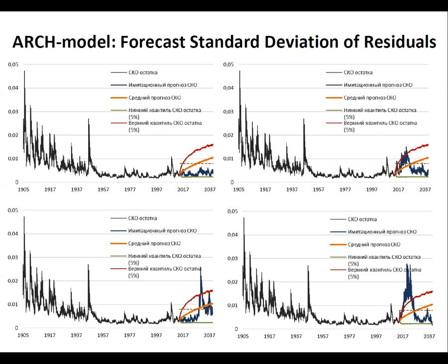This slide shows the prediction of the standard deviation of the residuals based on the ARCH model. The Y-axis is our sigma, according to our ARMA plus ARCH model. That is, in the ARCH model formula we have sigma squared, and here, respectively, the root of sigma squared.